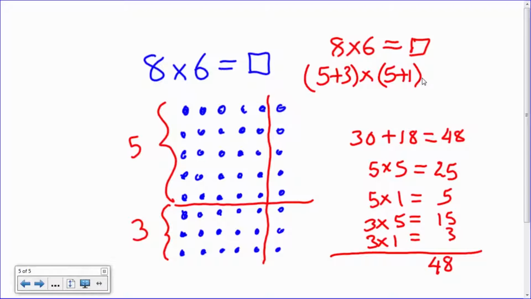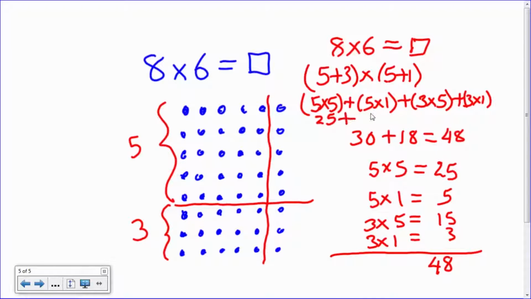Now when I form the multiplication, this will become 5 times 5 plus 5 times 1 plus 3 times 5 plus 3 times 1. So again, I've written down what we're actually doing in an abstract way. So this leads to 25 plus 5 plus 15 plus 3. And that turns out when I do the arithmetic to be 48.